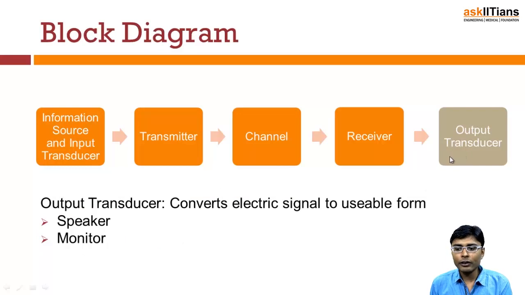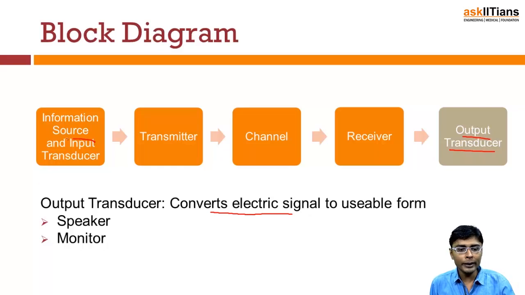Next, let us see what the output transducer is. This is just the reverse process of what the input transducer does. It converts the electrical signal into usable form. Usable form means, suppose I am sending a voice to someone else.